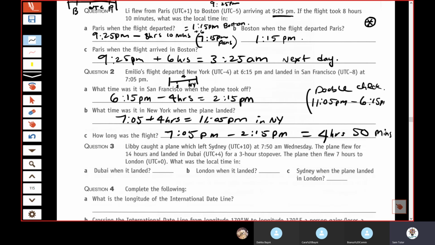That should tell you exactly how long the flight was, which is 4 hours and 50 minutes. All right. Any questions about that question?